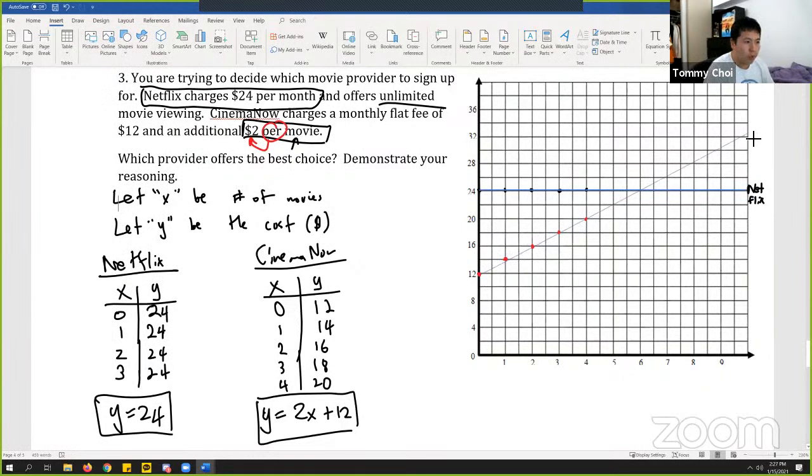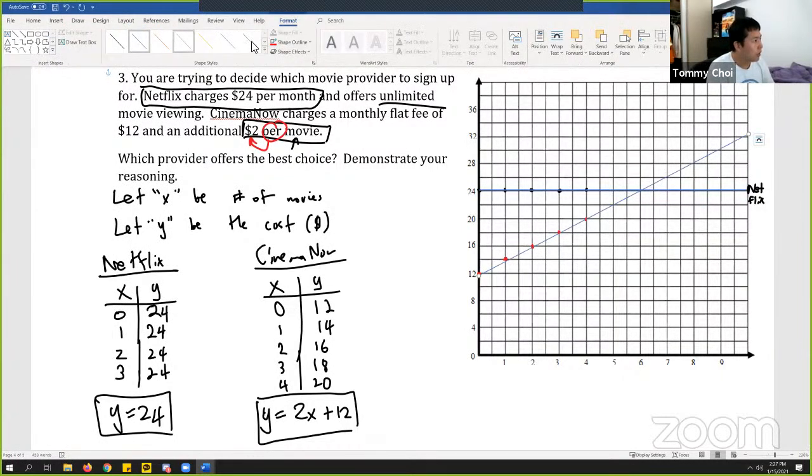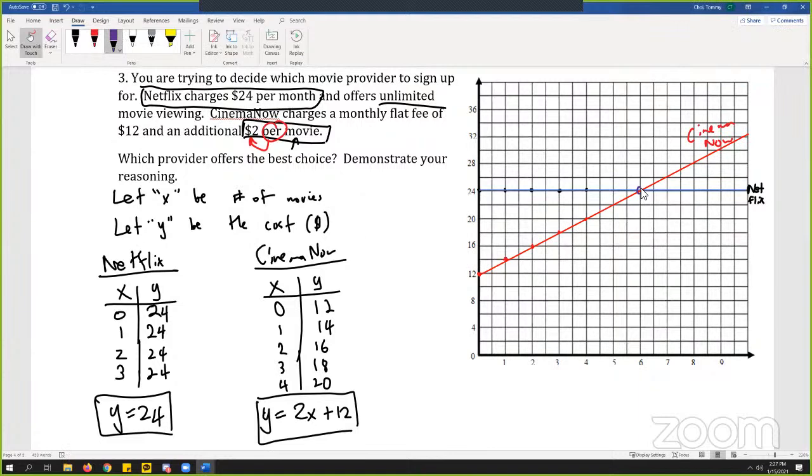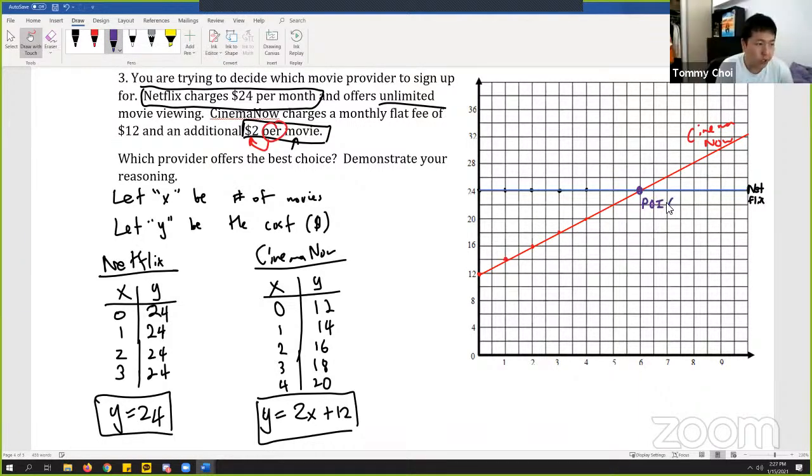Drawing our line through all the points like this, and doing that in red, boom, we get our line, and this is Cinema Now. Do we have a point of intersection? Absolutely, yes, there is. What are the point of intersection's coordinates? Oh, Milan already typed it. (6, 24).